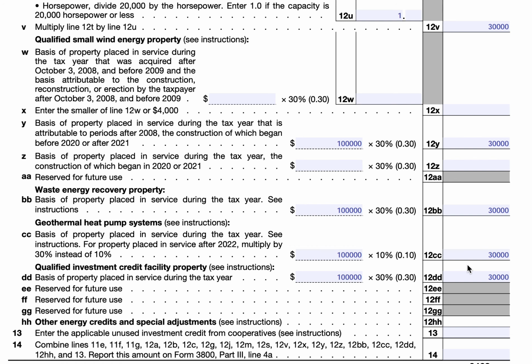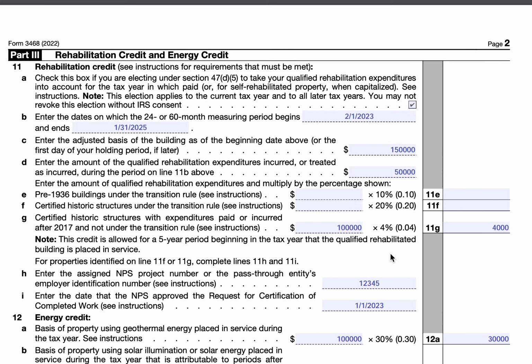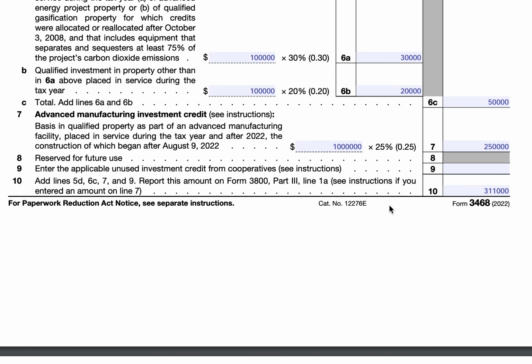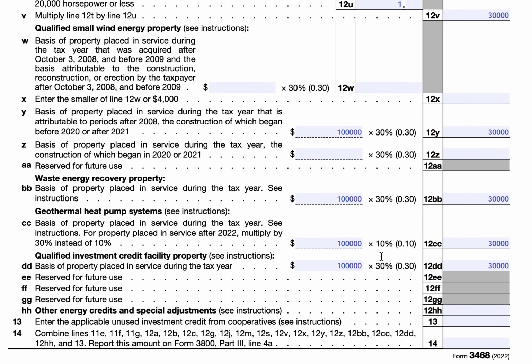So just like we did up here in part 2, the unused investment credit from cooperatives would go down here in line 13. And one last thought.